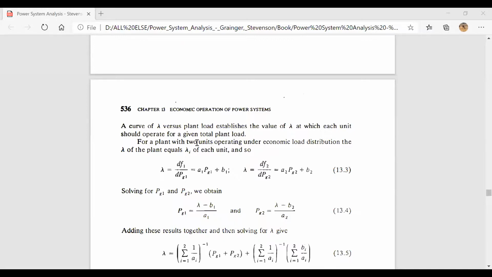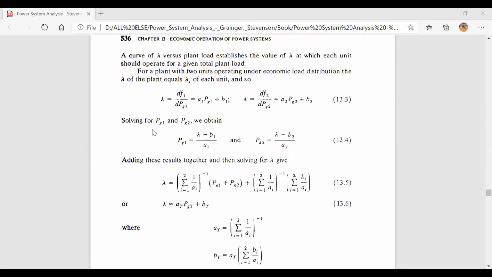For a plant with 2 units operating under economic load distribution, lambda of the plant equals lambda i of each unit. So lambda is dF1 over dPg1, which is a1 Pg1 plus b1. Lambda is dF2 over dPg2, which gives us a2 Pg2 plus b2.